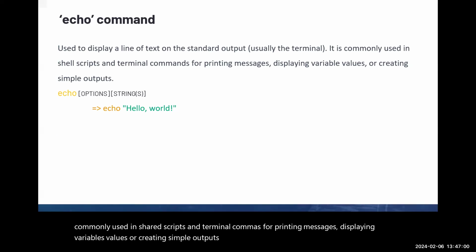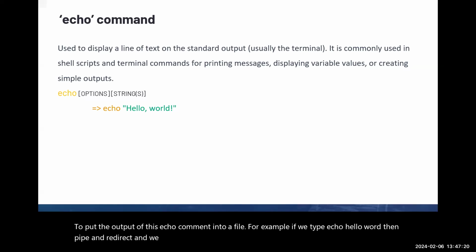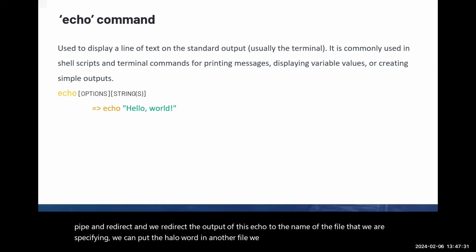Sometimes we use it to display on the terminal or to put the output of echo into a file. For example, if we type echo hello world, then redirect the output of this echo to the name of a file that we specify, we can put the hello world in another file. We will use it in a few minutes.